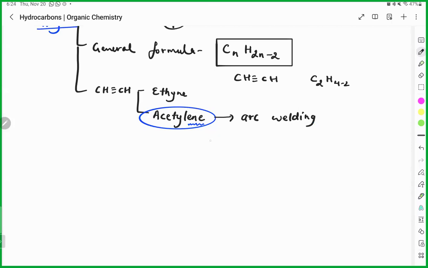Example, if you take acetylene, CH triple bond CH, and react with oxygen gas, then what will happen? Oxyacetylene will form, and this oxyacetylene flame will help in the arc welding. I'll show you this.